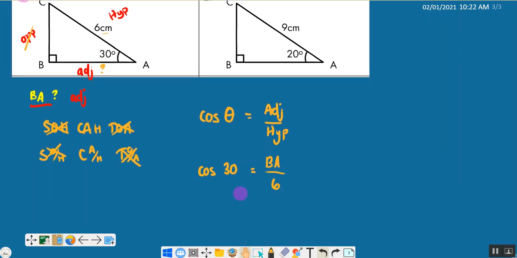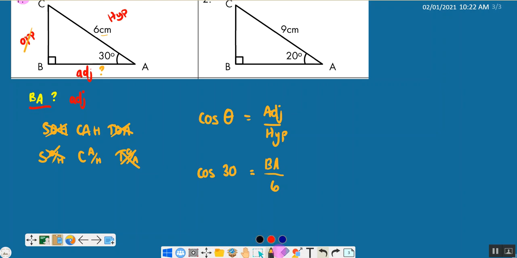Now you guys were all really good at this on Friday, so what do I do to figure out what BA is? Yeah, this is the one where we multiply it by 6, isn't it? Because the unknown is on the top of the fraction, it makes it easy. So we multiply both sides by 6, so we end up with 6 lots of cos 30 is BA. So you just have to do that on your calculator now.